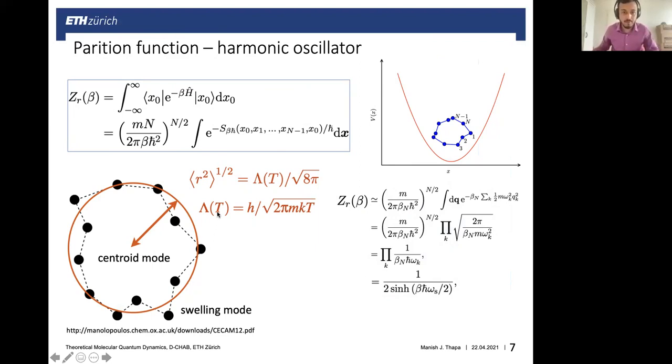I found this in the literature, and it's easy to see. This is the radius of gyration of this ring polymer. And you see here, if the temperature is large, the radius of gyration is going to become small. So with increasing temperature, the ring polymer is going to delocalize less.